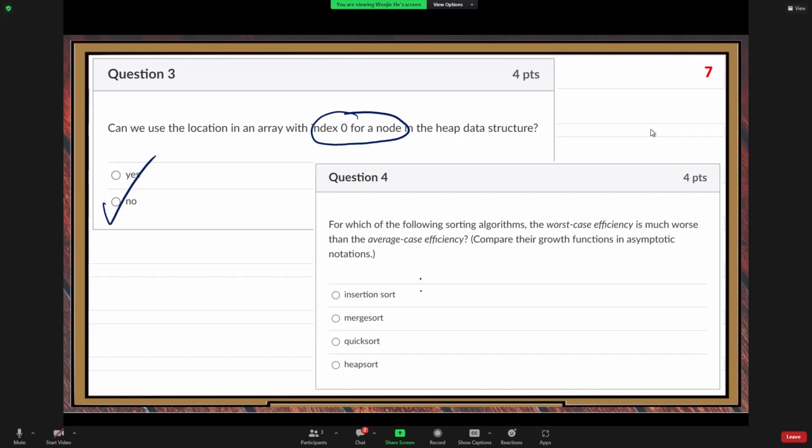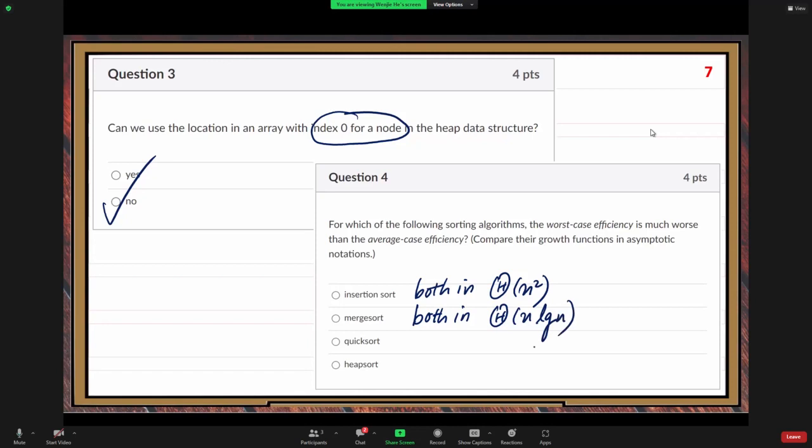Insertion sort, both in big theta of n squared. Okay? Worst case, average case. The average case is just a constant 1/2 times the worst case. Merge sort, average case, worst case, both in n log n.